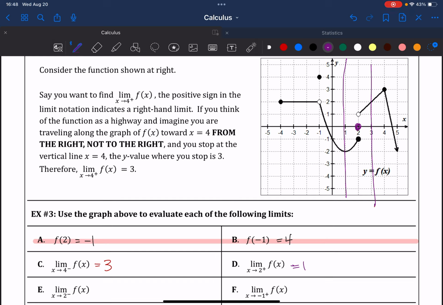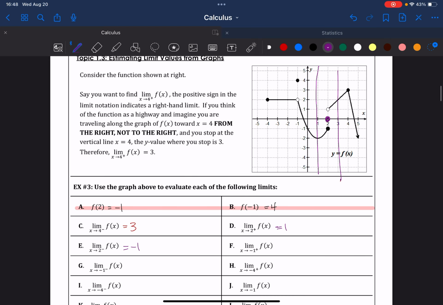Versus if we were looking at example E, it's the same x value but now from the left side. Okay, that means we're looking over here. Notice as this is getting closer and closer to 2, it looks like it is going to stop around the -1 y value. Okay.